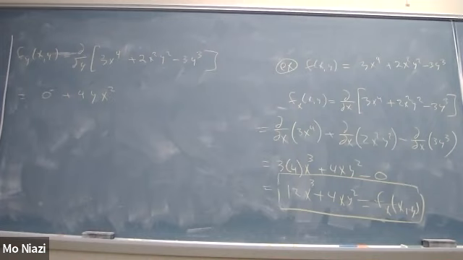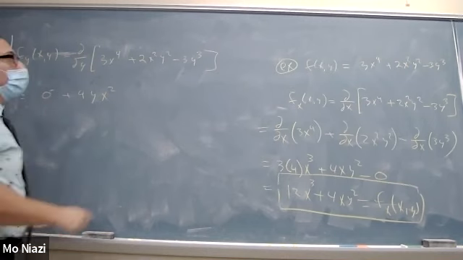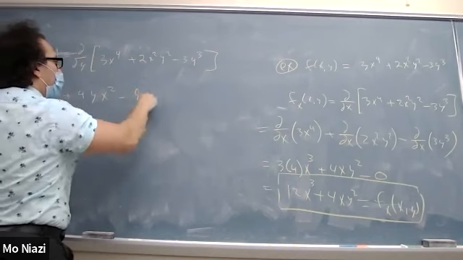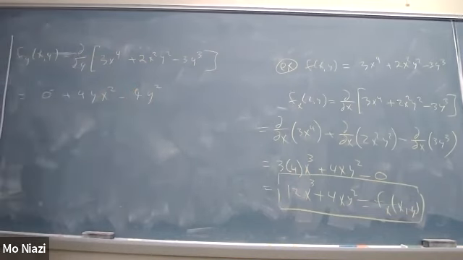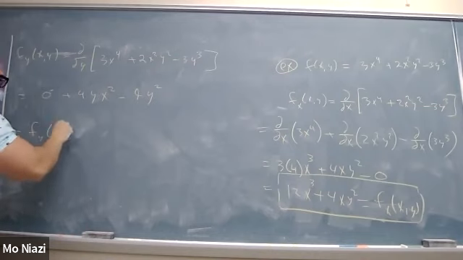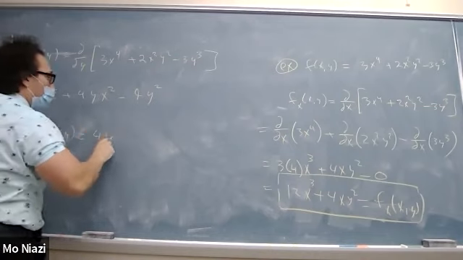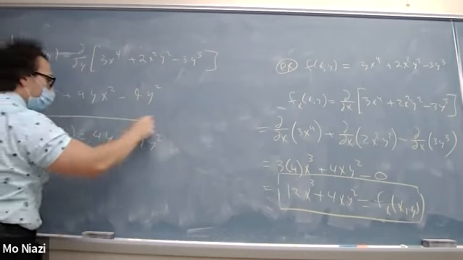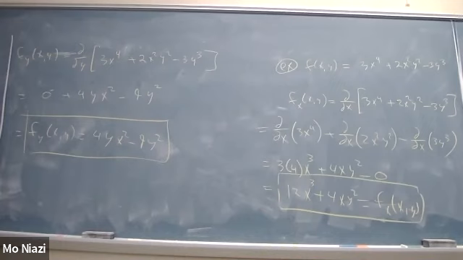It differentiates y squared to 2y. And when you take the product of 2y and 2x squared, you get 4y x squared. What happens when it hits this guy? Yes, 9y squared. And so our result is this. So that's how you take partial derivatives.